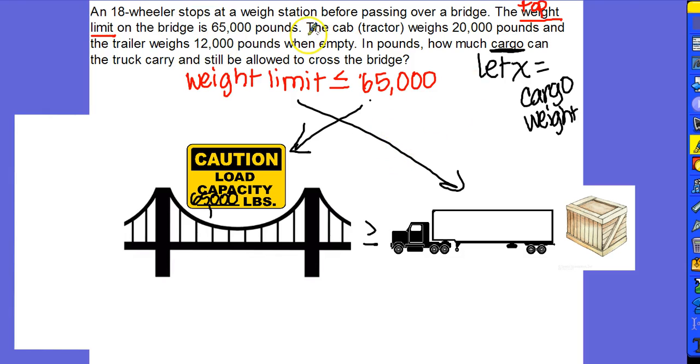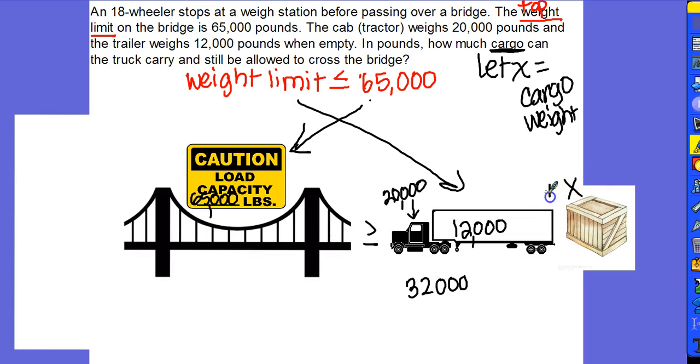Let's take some information: how much does the cab of the truck, or the tractor, weigh? 20,000 pounds. How about the empty trailer? 12,000. So if the truck's empty and it goes across, how much does it weigh? 32,000. And we are saying that the cargo weight is going to be represented by X pounds.